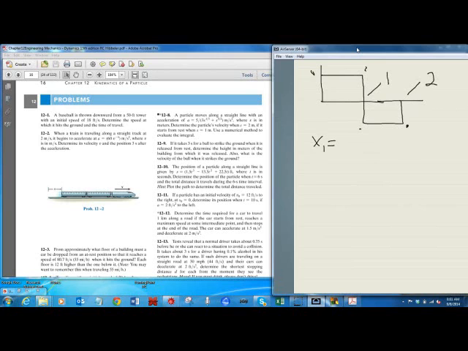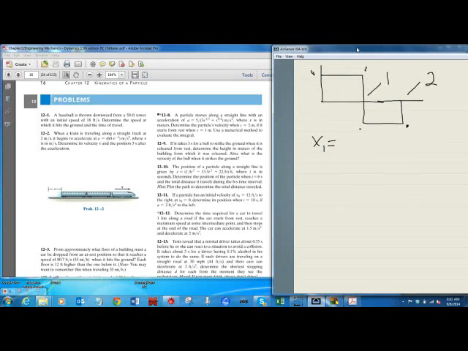I'm asking you to memorize that equation. It's equal to what? At this point, that's how far you've gone. That would be over here at 2. Right? So x at 1: x equals x0. What's x0? 0.